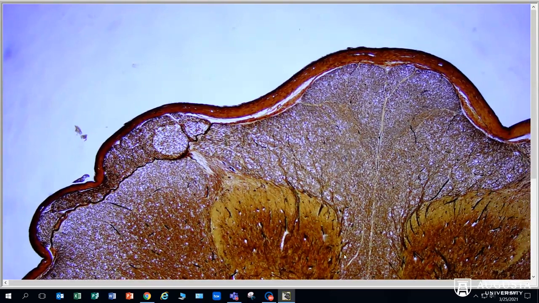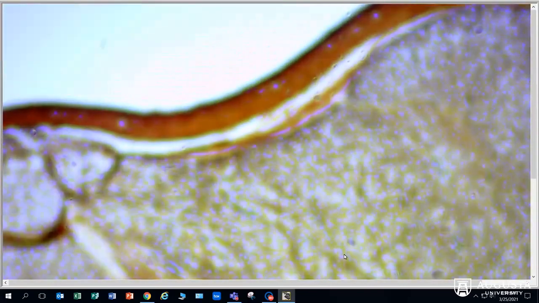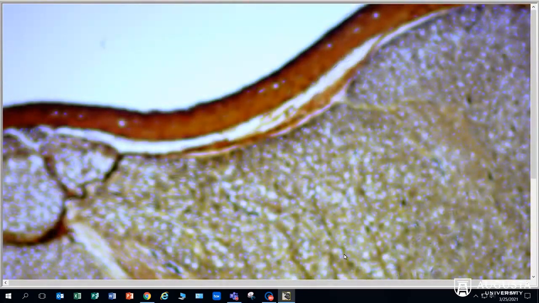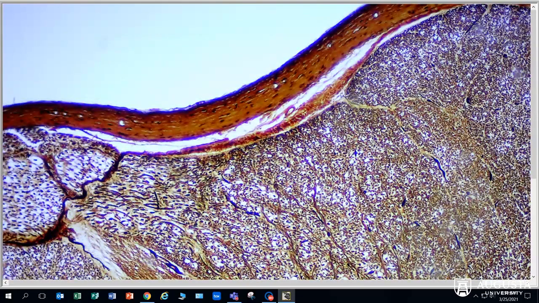I want to draw your attention to the meninges of the spinal cord, just briefly. The brain and spinal cord are surrounded by 3 layers of connective tissue called the meninges. The meninges act as a protective barrier for the central nervous system.